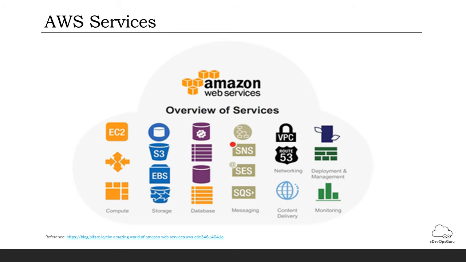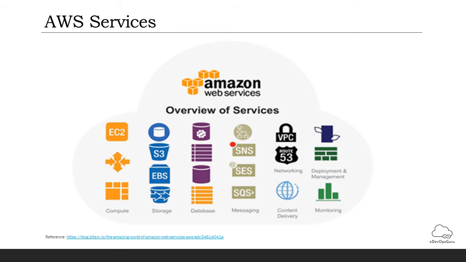So first one is the EC2, which is the Elastic Compute Cloud. It is a web service interface that provides resizable compute capacity in the AWS cloud. It is designed for developers to have complete control over web scaling and computing resources.